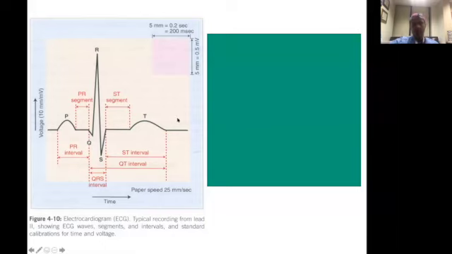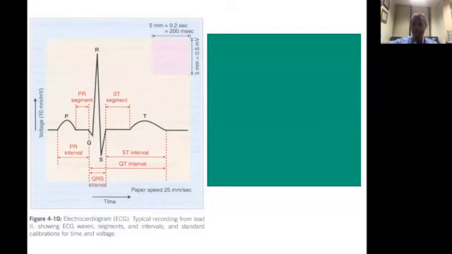Okay, so then again, on a normal person, the intervals between the different signals that we see, the P, the QRS, and the T, there's a normal amount and there's an abnormal amount. So it's important for you to know what the length of each of these is. So who can tell me what is considered a normal PR interval? How many seconds or how many boxes on an EKG paper tracing would be considered a normal PR interval?